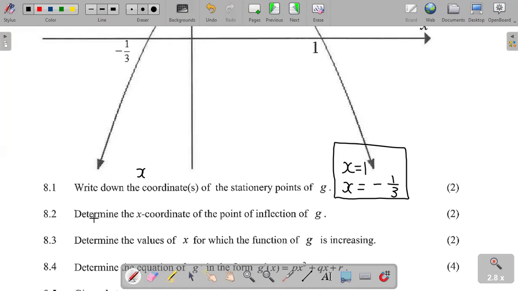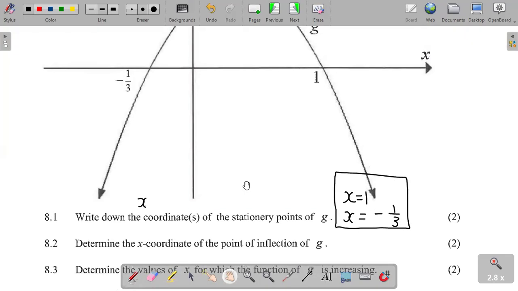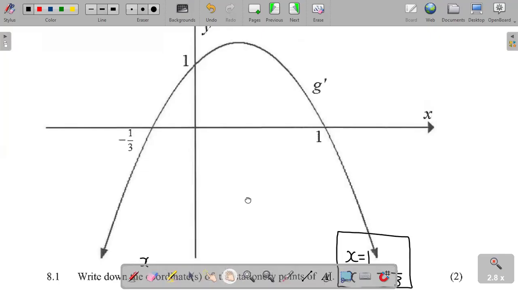And then 8.2, they say, determine the x coordinate of the point of inflection of g. Okay, so we have to add the 2 and then we divide by 2. And we have to say this plus that to get the stationary point here, because this is the graph for the g prime. So the stationary point will be the point of inflection in the original equation, the cubic function.